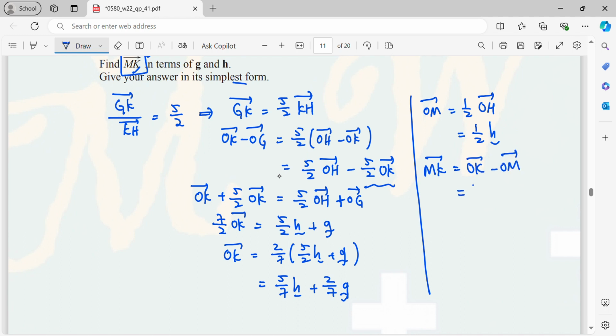So just replace all the vectors. 5 over 7 H minus half H, you are getting 3 over 14 H, and then just rewrite the 2 over 7 G. So that is the vector MK.